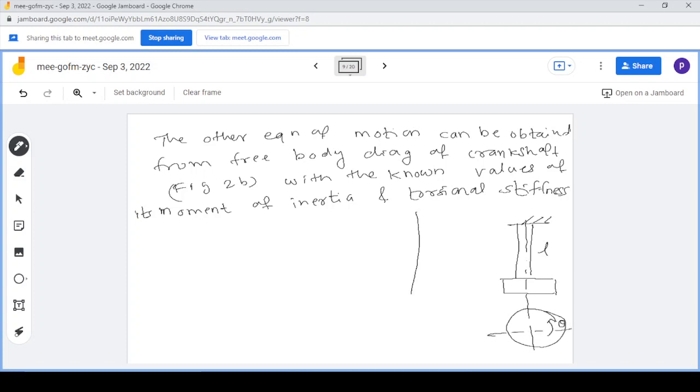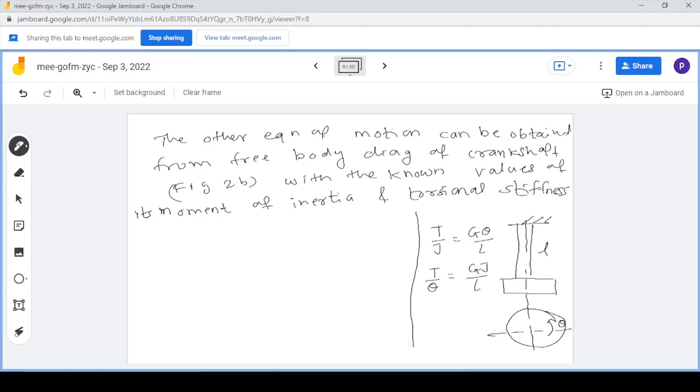Now by using the equation of torsion, we can say that T by J is equal to G theta by L. This equality we are taking, we are neglecting the equality tau by R.